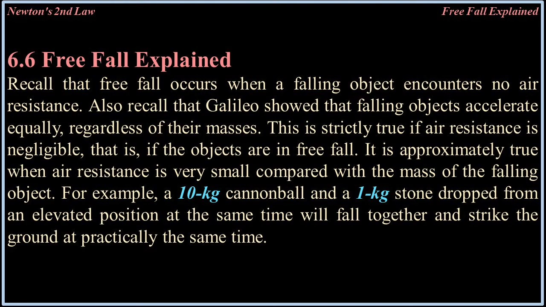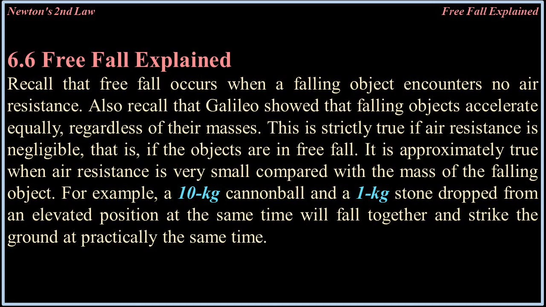6.6. Free Fall Explained. Recall that free fall occurs when a falling object encounters no air resistance. Also recall that Galileo showed that falling objects accelerate equally regardless of their masses. This is strictly true if air resistance is negligible, that is, if the objects are in free fall.